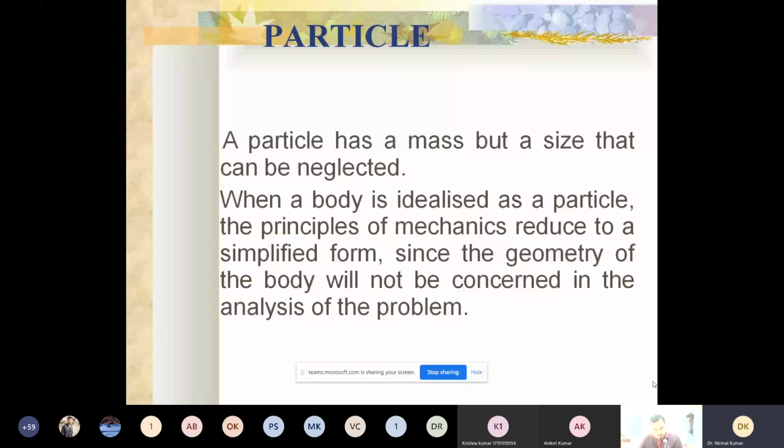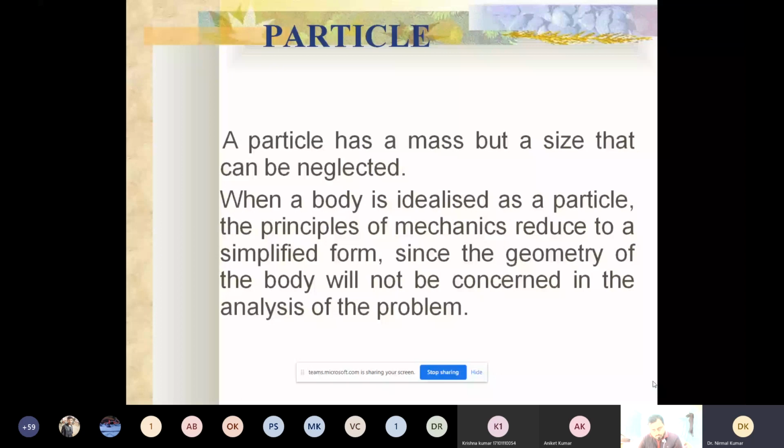When a body is idealized as a particle, the principles of mechanics reduce to a simplified form. Why are we doing this? To understand mechanics, we idealize the body as a point, since the geometry of the body will not be considered in the analysis of the problem. If we do not neglect the size of the body, its geometry will hinder our process of analysis.